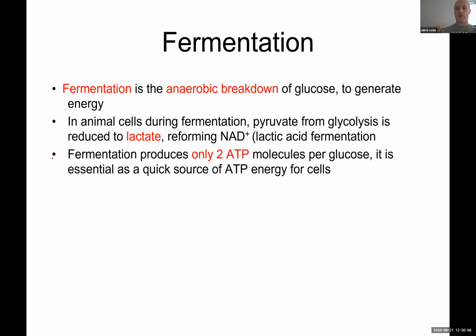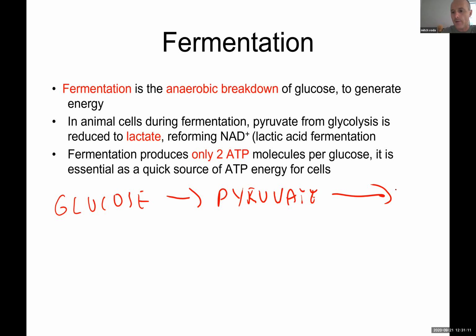Now, so far, I mentioned that glucose turns into pyruvate, and then it moves forward into Krebs step, Krebs cycle, and electron transport chain. For these steps to move forward, it requires oxygen.